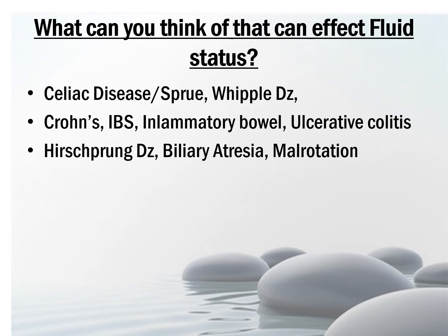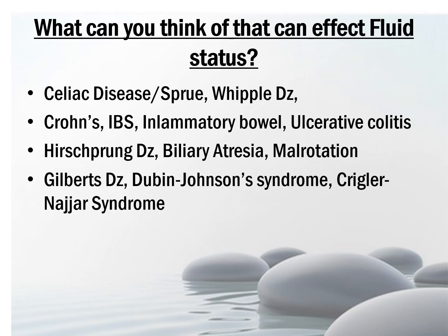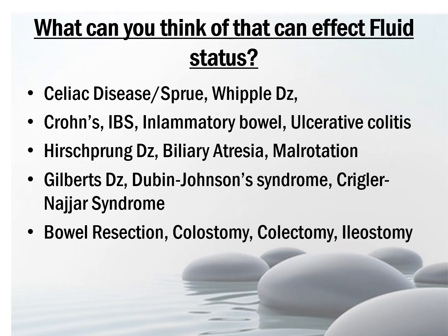Other conditions such as Hirschsprung's, biliary atresia, malrotation, Gilbert's disease, Dubin-Johnson syndrome, Crigler-Najjar, bowel resection, colectomy, colostomy, ileostomy, and diarrhea, all these conditions affect the way the bowel functions, which impacts the fluid that actually makes it into the tissues of our body.